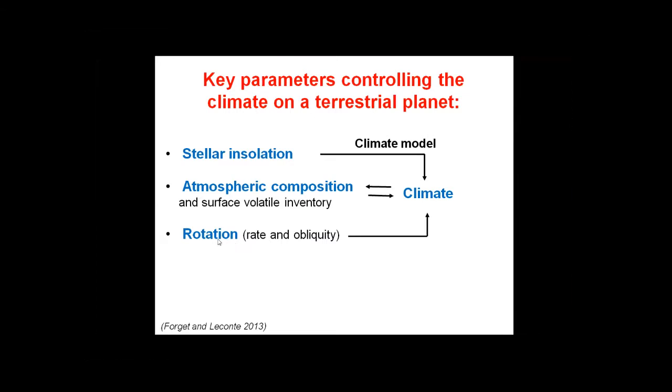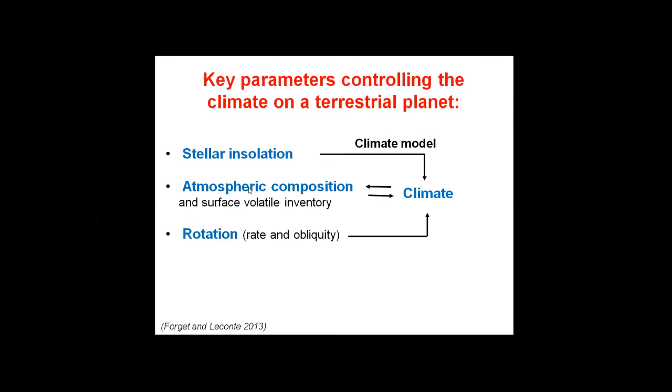So you can see that in many cases, we know about the insolation because we know about the star, we know about the orbit when we detect a given planet. So we have an idea about the zoo of possible cases we have for insolation and even for rotation, we think. But the key question is the atmospheric composition. I'll come back to that.